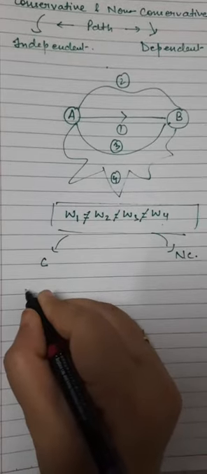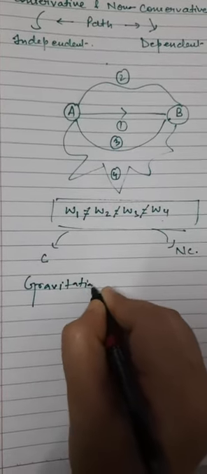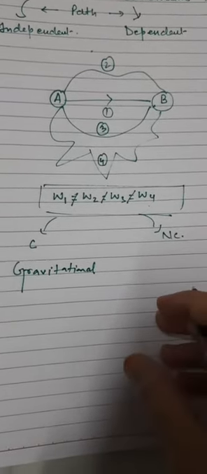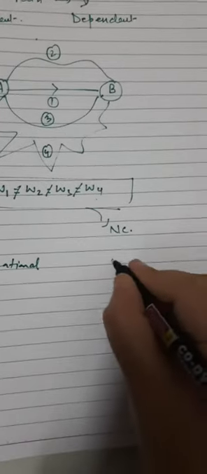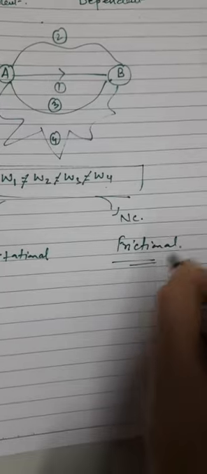The best example of a conservative force in our daily life is the gravitational force. The best example of a non-conservative force is also in front of us, that is the frictional force.